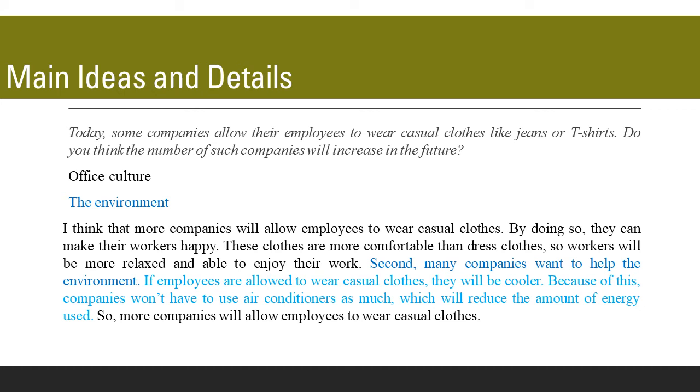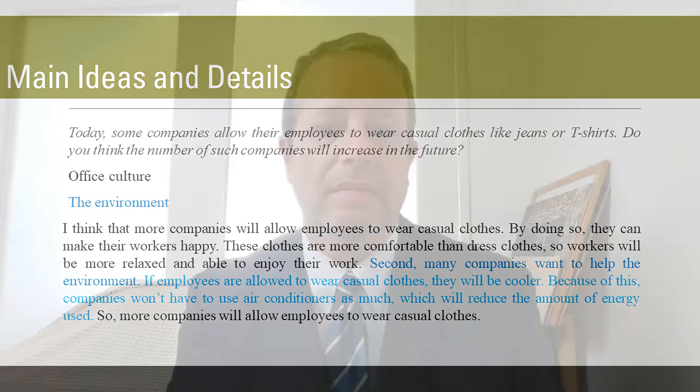Okay, so you can see here those two blue sentences are explaining this connection between helping the environment and casual clothes in the office. Casual clothes are cooler. You don't need the air conditioner so much. You'll use less energy.